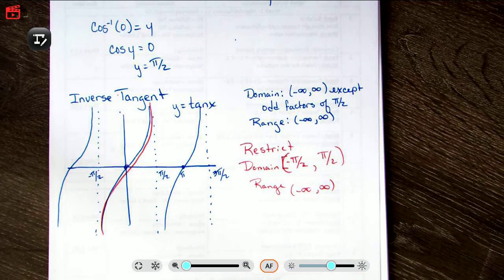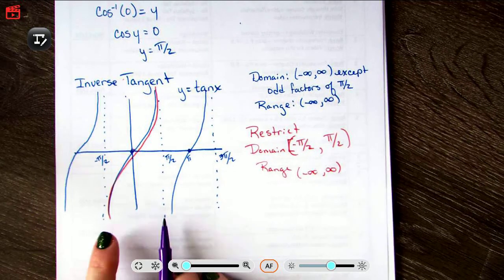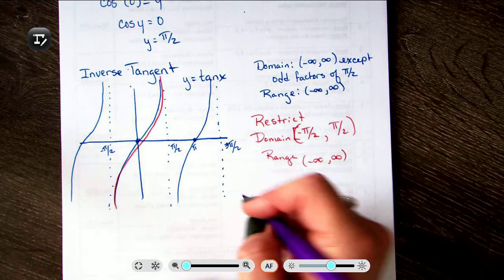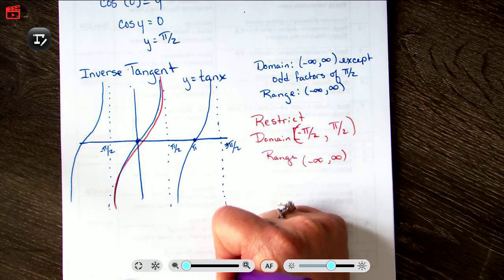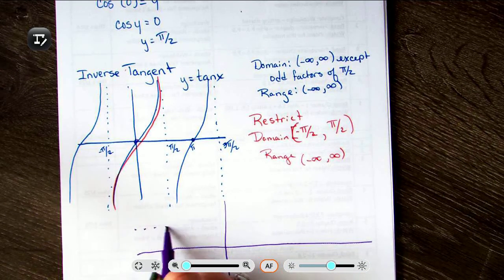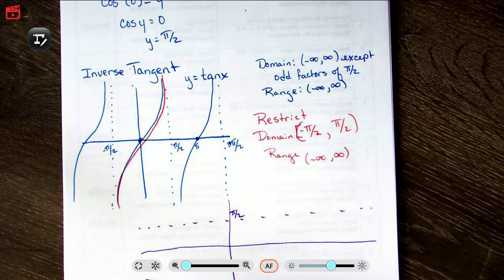So if I go to draw this inverse function, these vertical asymptotes, and this is the cool part, become horizontal asymptotes. So here we have a function that has 2 horizontal asymptotes, one up at pi over 2, and the other one down at negative pi over 2.